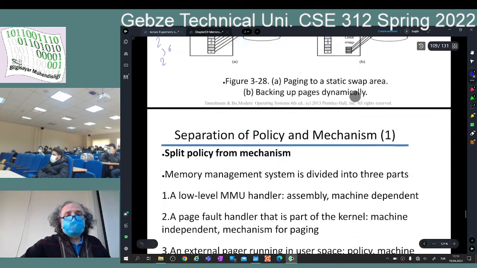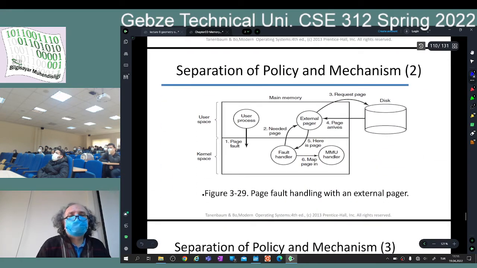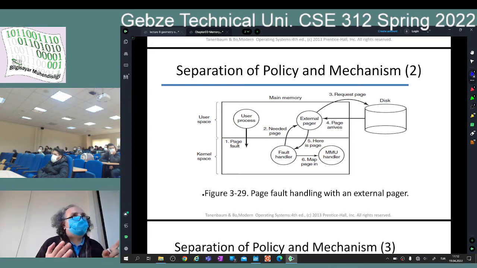We talked about this topic, separation of policy and mechanism, before. Before talking about this, let's look at this example. We talked about many things about memory management, okay? And all of these have to be done by the operating system. We are talking about the paging daemon, the cleaning policy, page replacement algorithms.